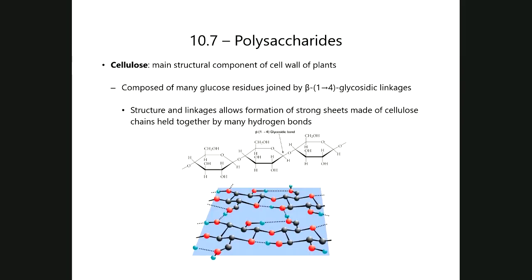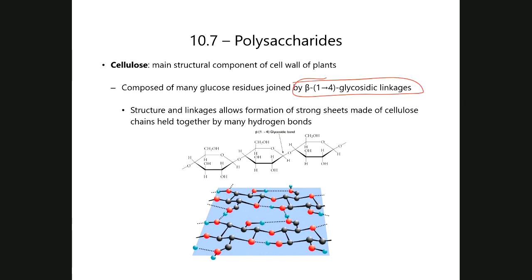So very briefly, and we'll end with cellulose today because I think we have about another 2 minutes. Cellulose is the main structural component of cell walls of plants, and it is a repeating pattern of glucose after glucose after glucose. It's a homopolysaccharide, and they're all linked in a beta-1,4 glycosidic linkage.